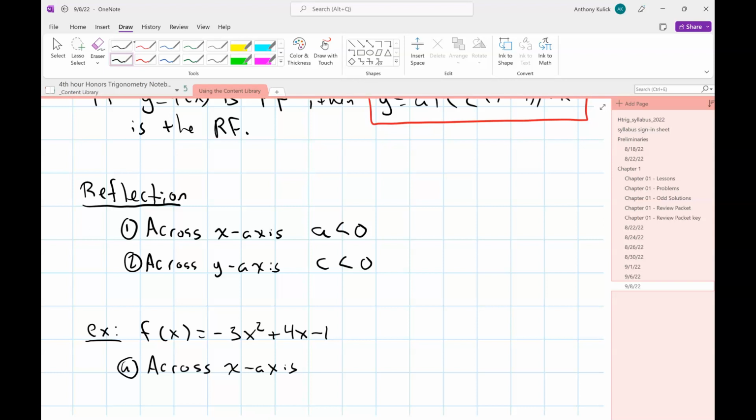All right, so let's say that we have the function f of x is negative 3x squared plus 4x minus 1, and we want to transform that as a reflection across the x-axis. So the a, I'm going to make negative 1, and all the other pieces I'm just going to pick their null values for. The multiplicative pieces are going to be 1, and the additive pieces will be zeros, because that won't do anything.